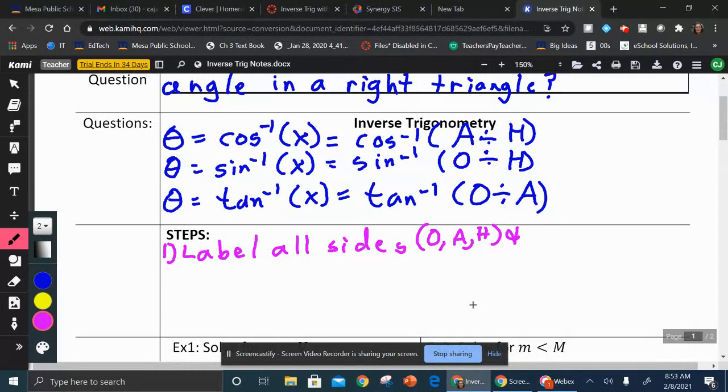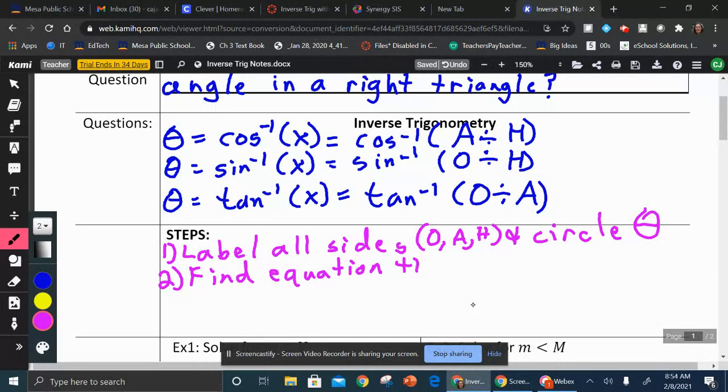And we're going to circle theta, so circle the angle that we need to find. Then we find an equation that works. Do we need to use sine, cosine, or tangent?